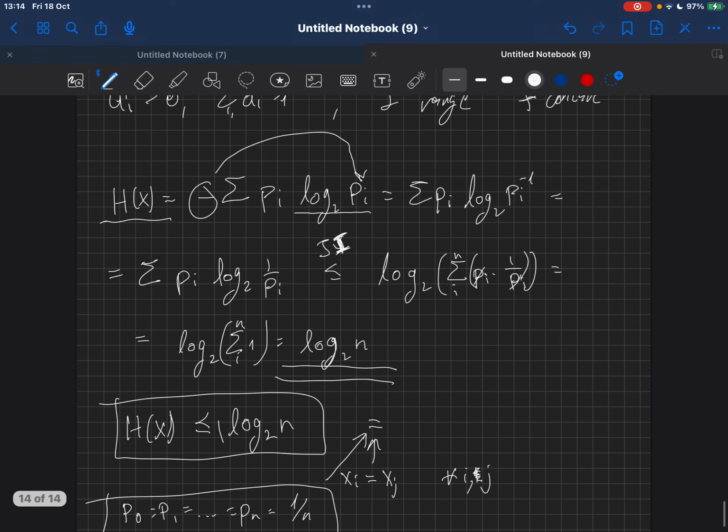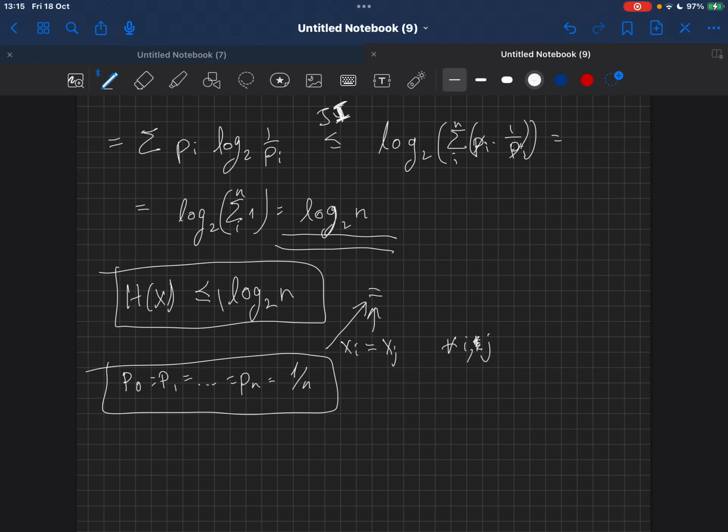Therefore I can use Jensen's inequality to show the upper bound on the entropy of a random variable, and the equality holds only when all the probabilities for each value of x_i equal 1 over n, because we have n variables.